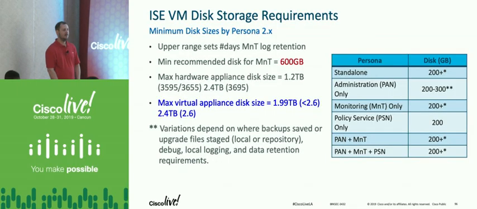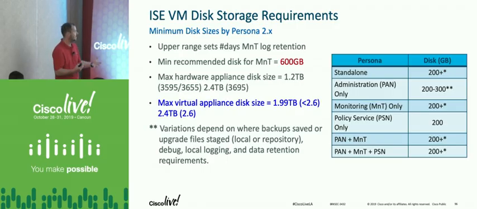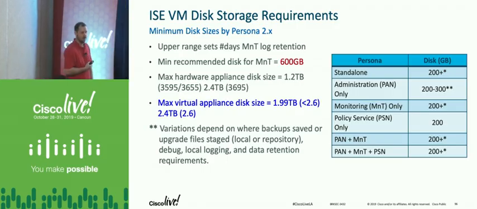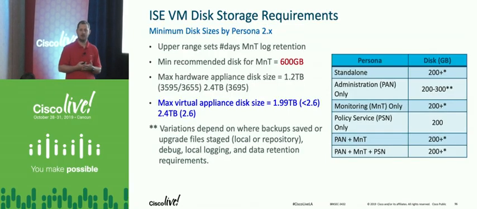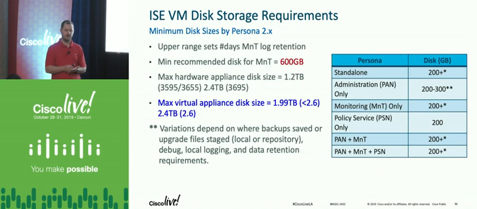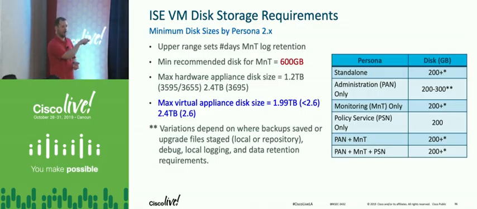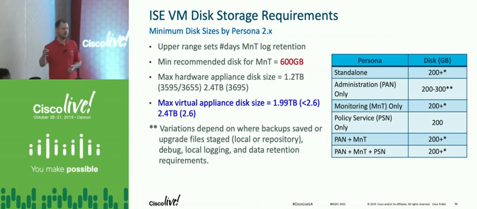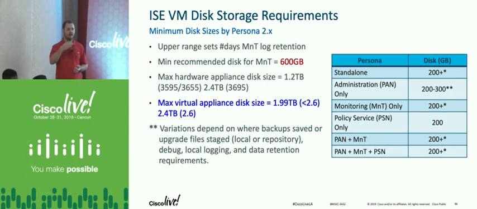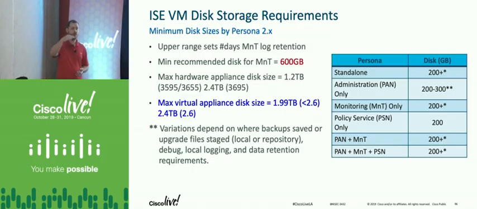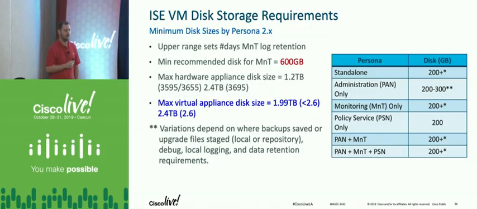Now another thing that comes up is this whole concept of disk space or disk storage. One of the things that you'll run into is in ISE 2.4, the maximum supported disk space is going to be 1.999 terabytes. So you're not going to be able to get at or above 2 terabytes with 2.4.